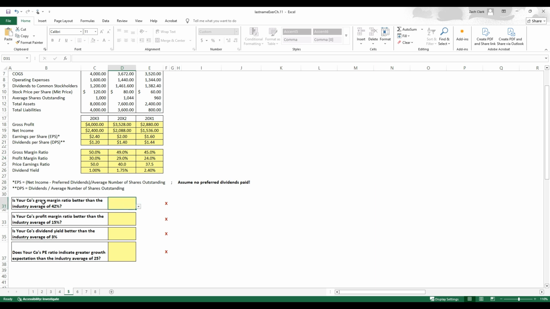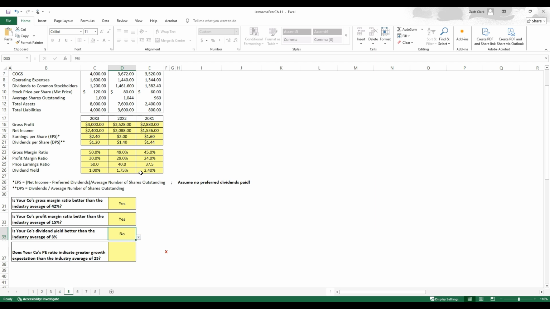Okay, so here is our gross margin ratio, better than the industry average at 42%. Looks like it is. Here's the averages there. Is our profit margin better than 15%? Yep, looks like we're better than 15% on the profit margin. Is the dividend yield better?